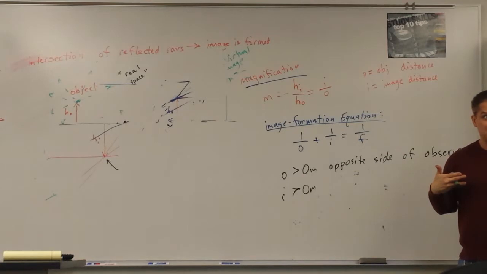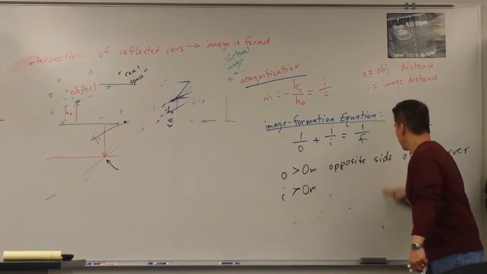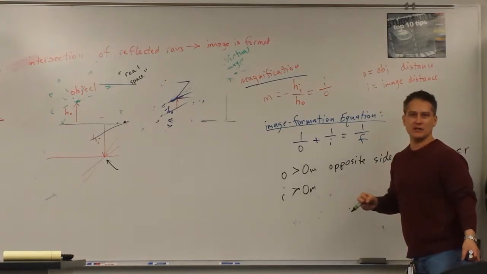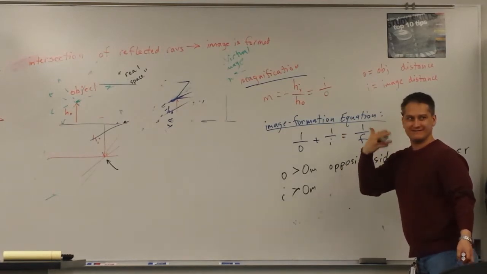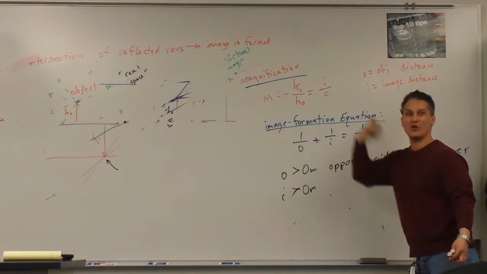Because you want the image physically where the object can be seen, or where the observer is looking. What's ironic about this, when you wear glasses, you never see a real image. You never see an object or an image on the side of the lens where your eye is. It's always on the opposite side.